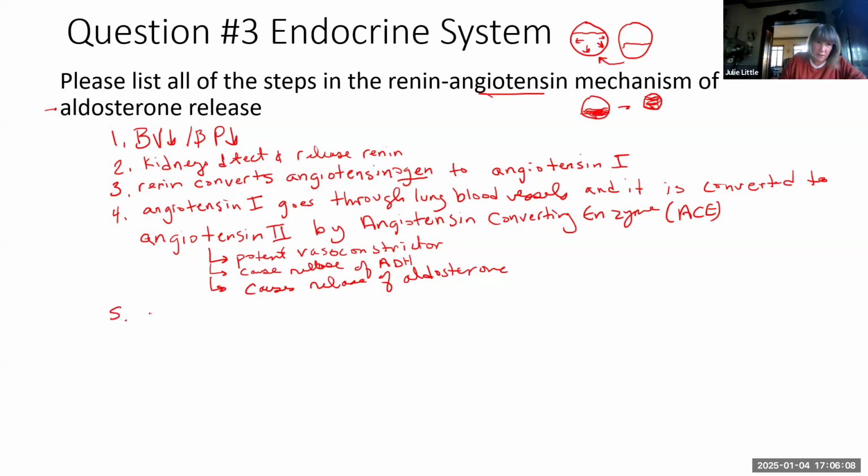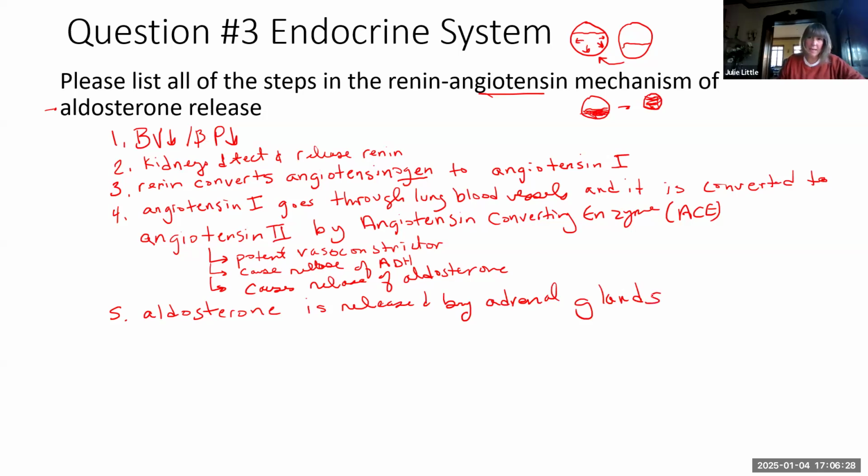So because of angiotensin 2, aldosterone is released by the adrenal glands. And aldosterone is a hormone, and it is going to target the kidneys.